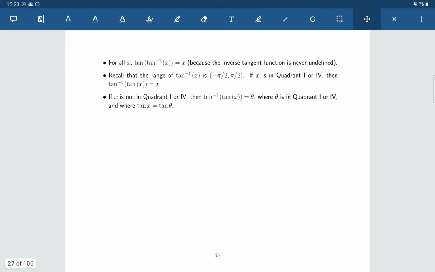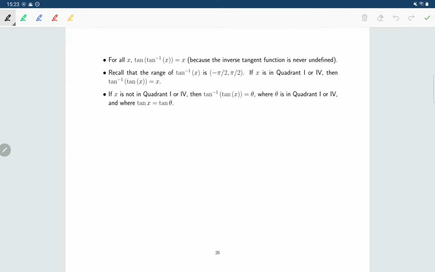Now, as far as our tangent function goes, we have one nice thing here that we didn't have for sine and cosine, and that's tangent composed with tangent inverse is always going to undo each other. And that's because tangent inverse is defined for all real values of x. In other words, every x is in the domain of tangent inverse.